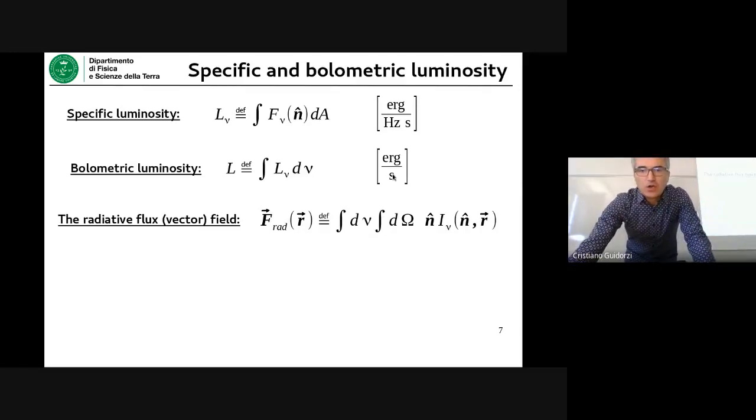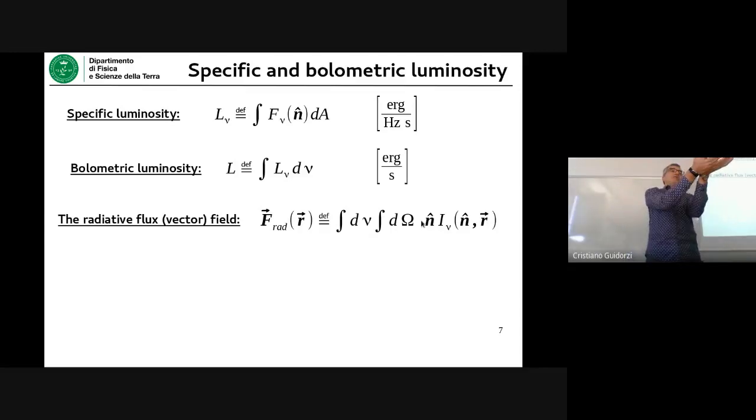And this is weighted by n itself. So it's a vector in which you integrate over all the frequencies and you sum up all the unit vectors corresponding to all directions, but each unit vector you sum up is weighted by the corresponding intensity. So if you think of a field in which intensity is much higher in one direction than in the others, the resulting vectorial sum would be directed along the direction in which you have the strongest flux. So the idea is that. It's a vector because it's a sum of vectors.